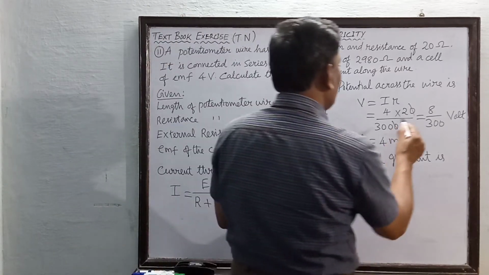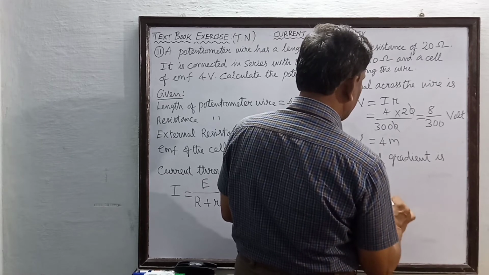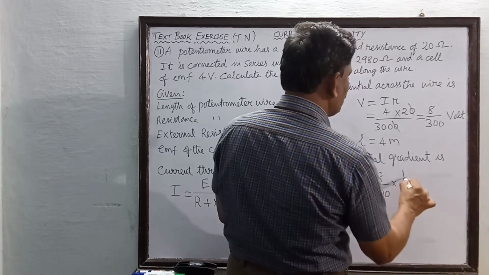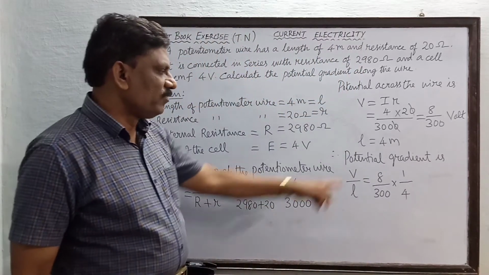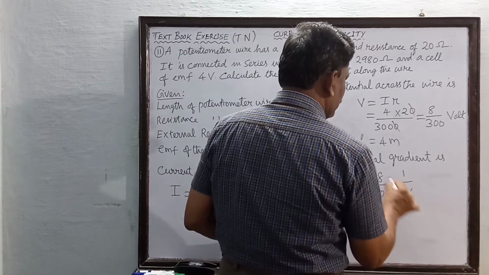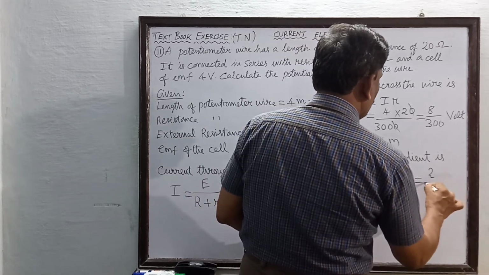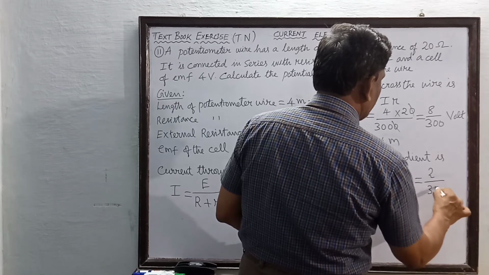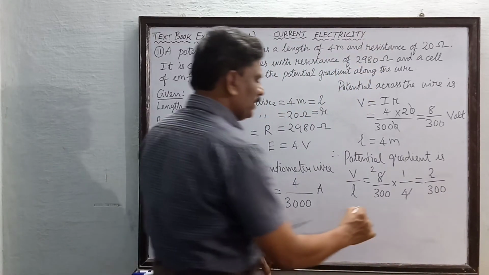So this is 8 divided by 300 into 1 by 4. The 4 and 8 get cancelled 2 times, so this is equal to 2 divided by 300.